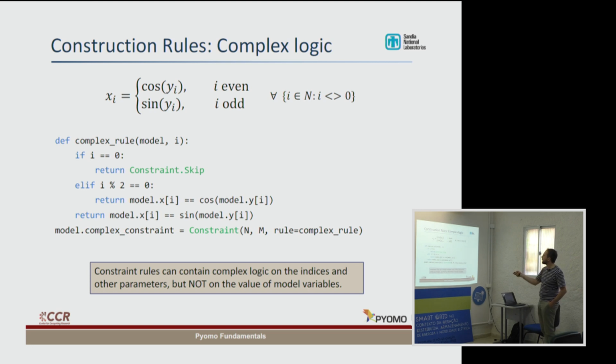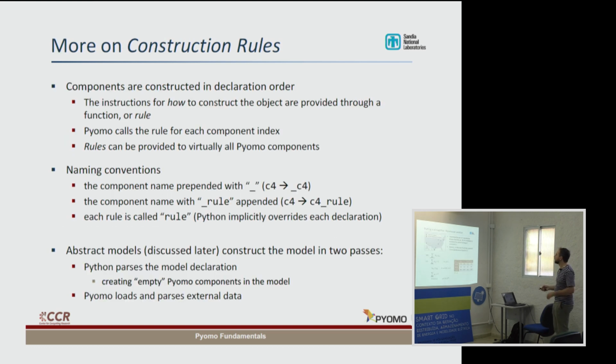So I want to write these equations: cosine for i even and sine for i odd, and I can write this type of rules here. I pass this one.